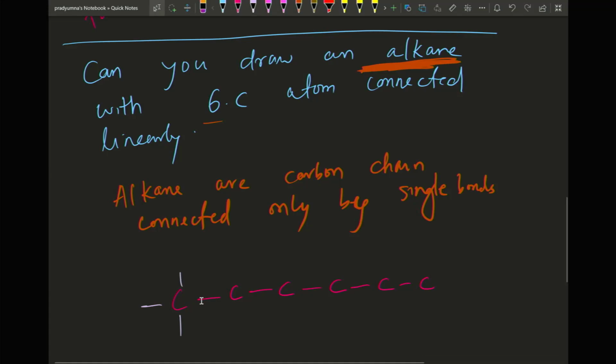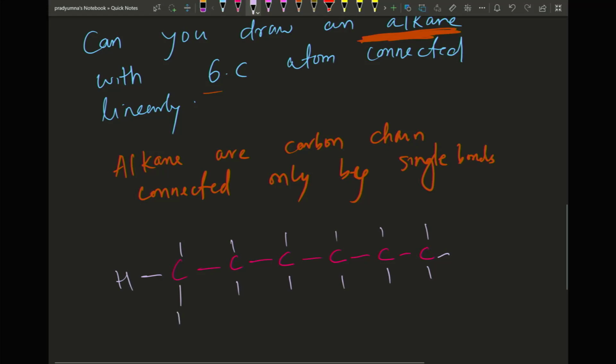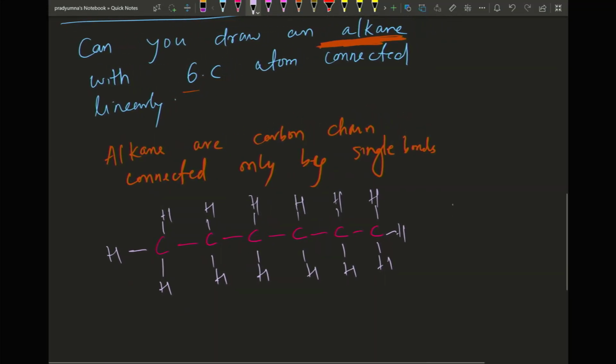We still have to do 3 and 4 for the others, and the last one is this. Make sure everybody has 4 bonds around each carbon atom, and you just add hydrogens. So what kind of structure is this? This is our expanded structure.